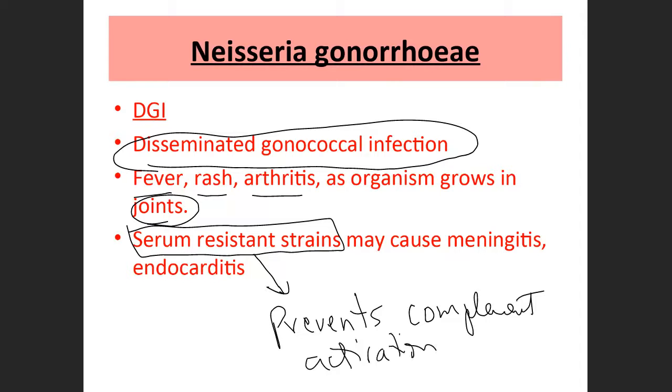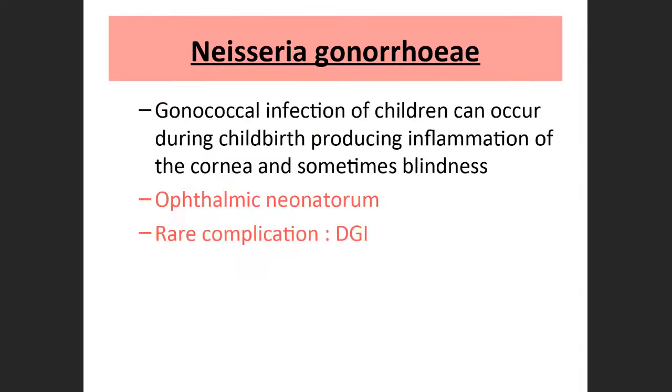So the serum-resistant Neisseria gonorrhoeae can cause meningitis and endocarditis if it becomes disseminated throughout the body. The organism can cause ophthalmia neonatorum in children who are being born through an infected birth canal, and in rare complications, DGI in children also.